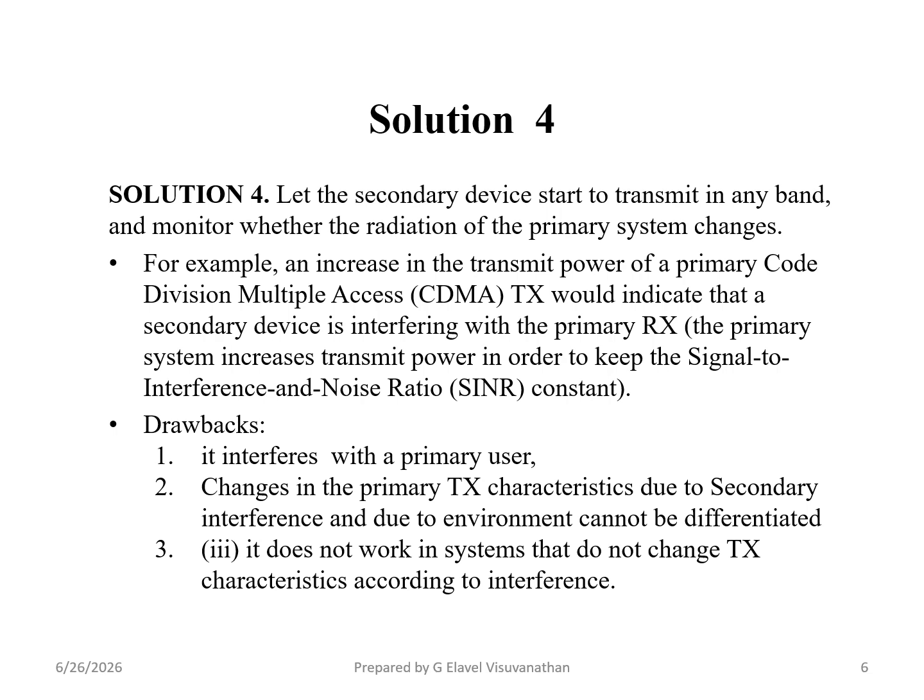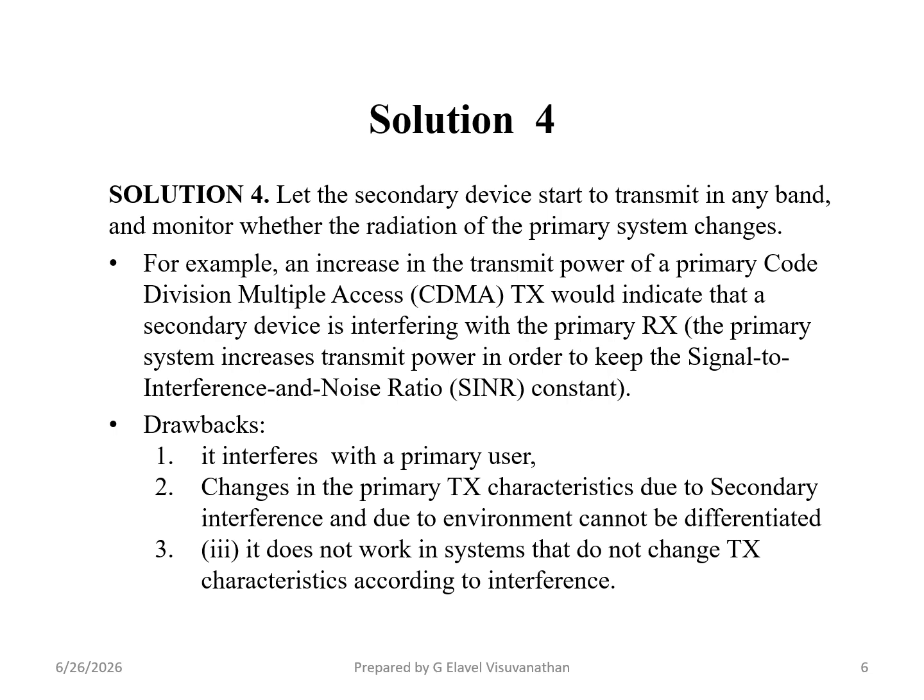The primary system increases the transmit power in order to keep the signal to noise ratio constant, that is the SINR, signal to interference plus noise ratio, to be constant. What are the drawbacks? It interferes with the primary user. Obviously, it will interfere with the primary user. Why?